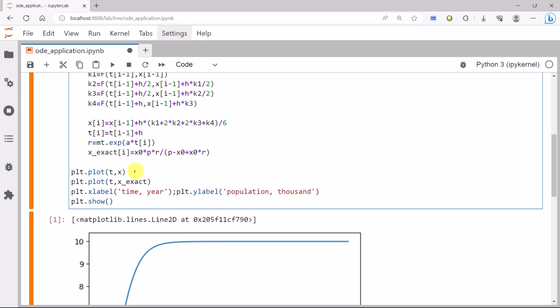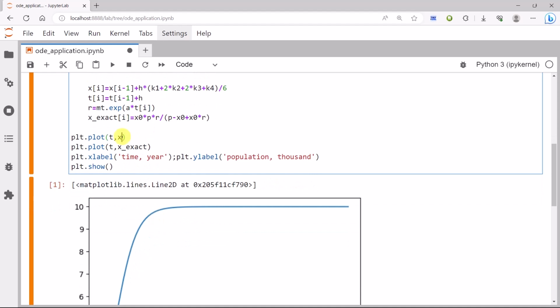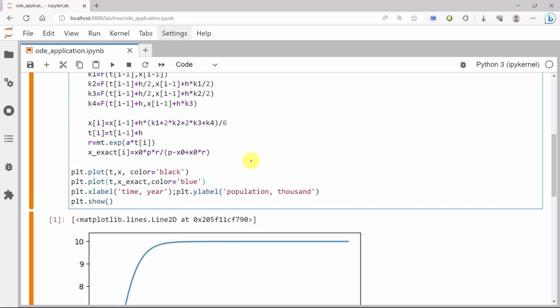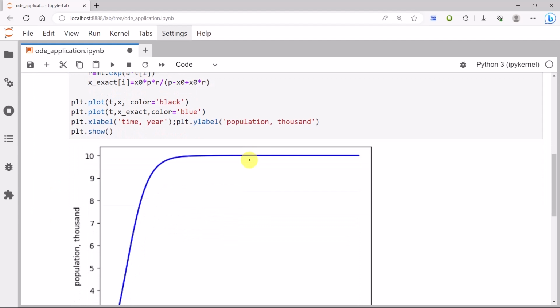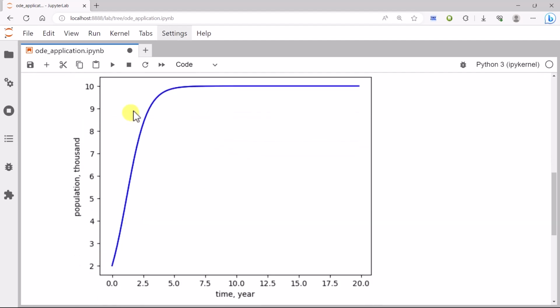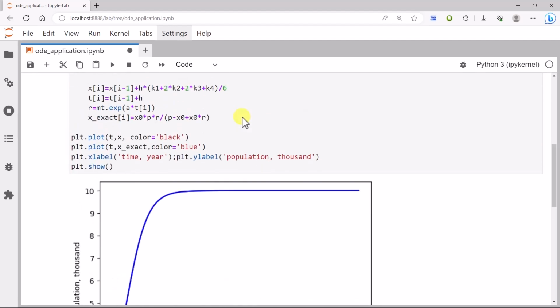Now this plot we can give some color, black, and here I have color that is blue, and let's see it. Okay, it's all blue, black is not showing. That means black is just behind it. So we have to segregate in some way.